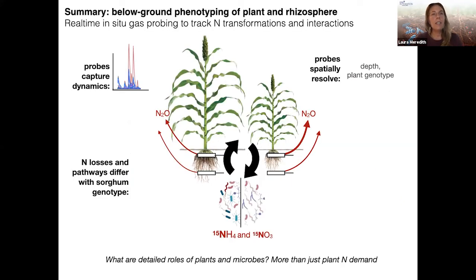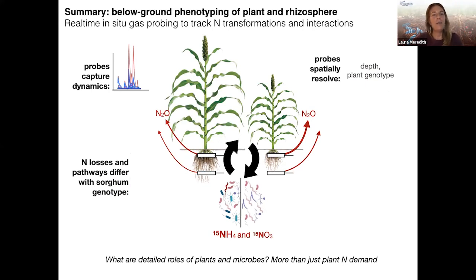So to summarize, the below ground phenotyping of the plant and the rhizosphere using the soil gas probing is able to capture dynamics in nitrogen cycling at really nice spatial scales, and also those are resolved by depth and plant genotype in ways that I think make sense and are exciting.